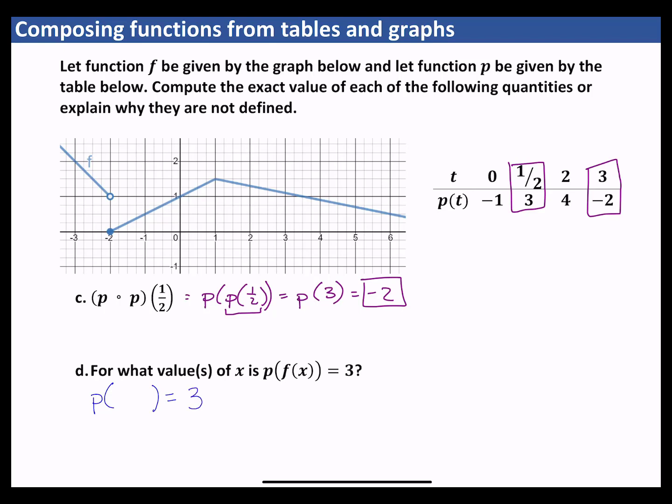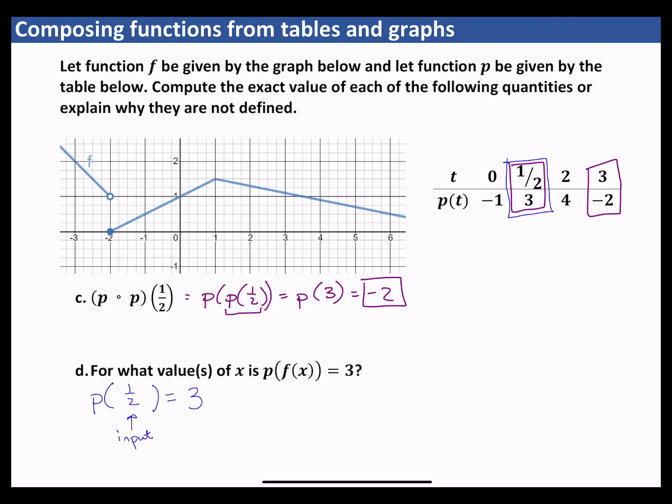All right, we're trying to find the input for p that gave us 3 as an output. And we see that there's that lovely 1/2 again. We know p of 1/2 equals 3.